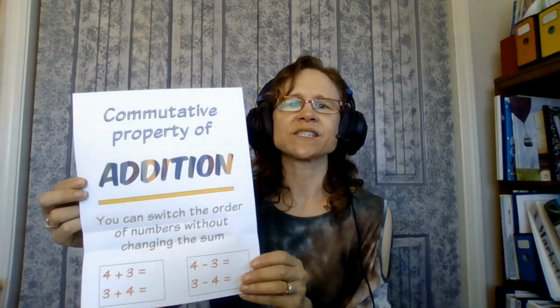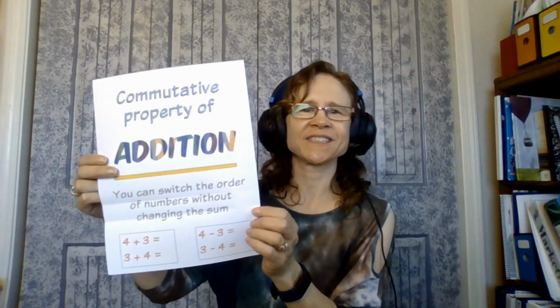It was neat to see them piece it together and have Miss Lisa help them. I didn't remember what this was, not because I hadn't learned it, just because I haven't reviewed it in a while. The commutative property of addition is where you can switch the order of numbers without changing the sum.